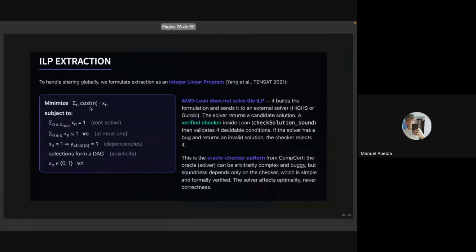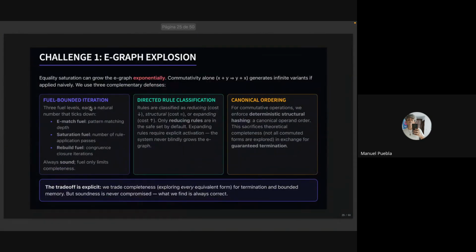This strategy for fuel has been working very, very well. Just for you to have an idea, the first versions of this code exploded really quickly. After starting with 2 classes and 5 rewrite rules, we were having 100,000 classes very quickly.